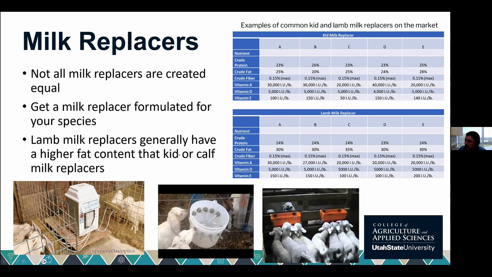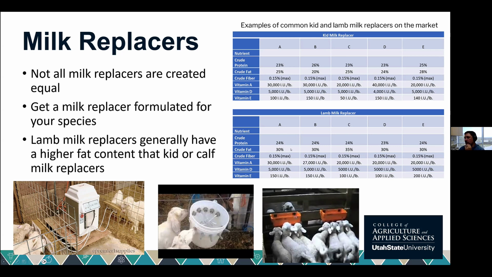But a lot of questions I get is what should that milk replacer have? One night I just stayed up and looked across all the different milk replacers commercially that I could find for kid goats and lambs. What I really found between the two is that they're pretty similar. The one big difference, though, is that lamb milk replacer generally has higher fat content, so higher energy, for some of our lambs.